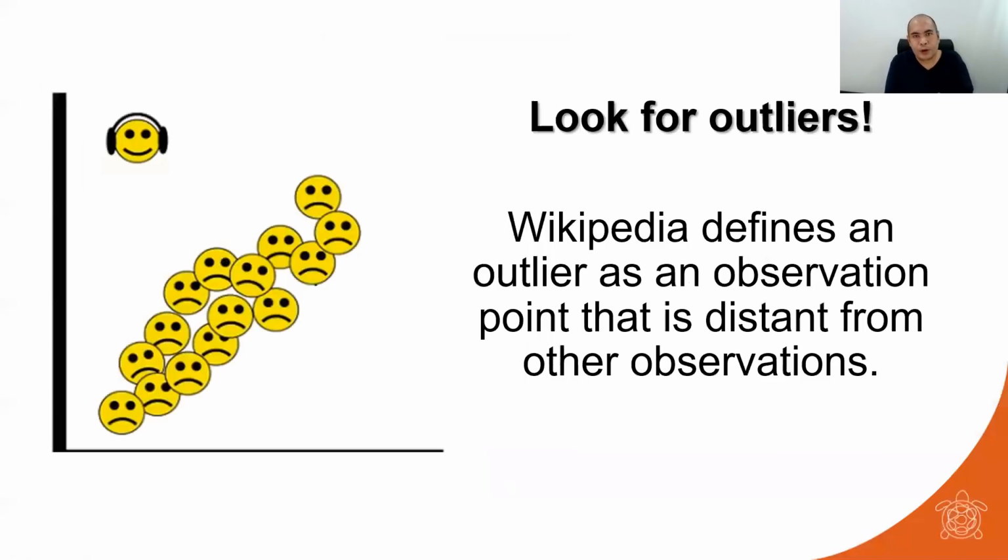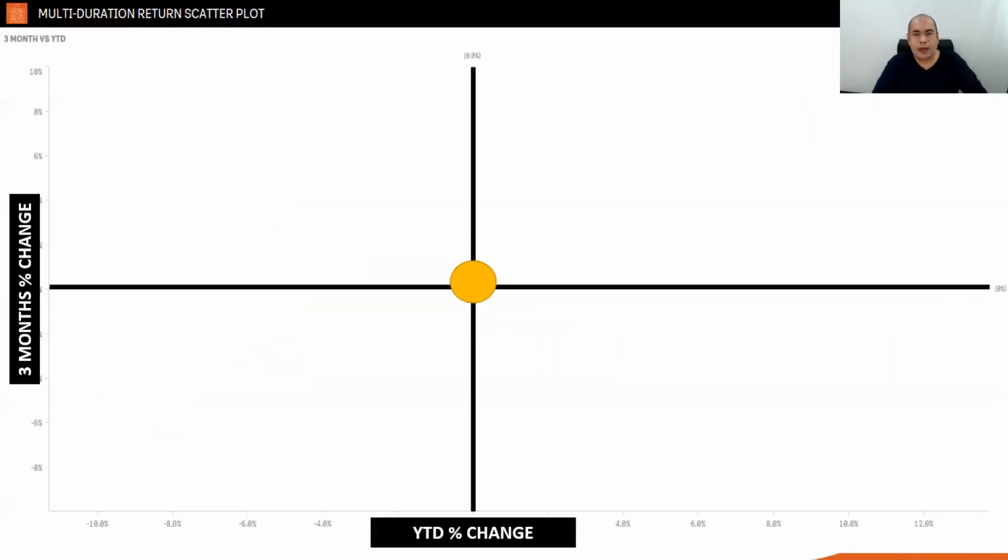So basically, when you're using data visualization techniques, what you're really doing is looking for outliers. You're looking for things that stand out, that are able to differentiate themselves from the rest of the investment universe. Earlier, I mentioned that at the start of the year, everything starts out from zero.